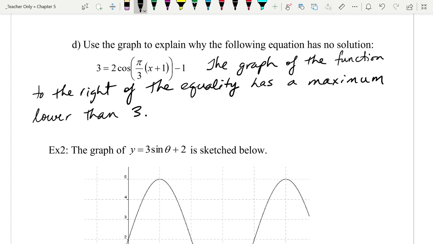Therefore, no solution. Right? It's basically like you ask the question, when will this thing equal 3? And the answer is never. It won't get that high. My graph proves it.